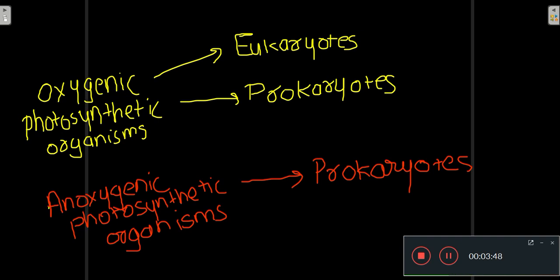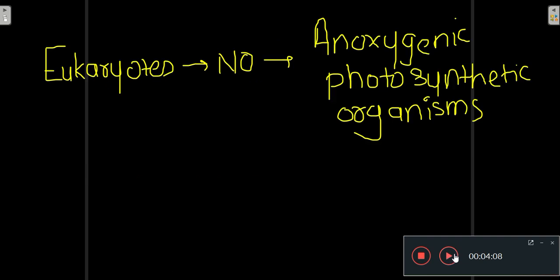Oxygenic photosynthetic organisms are included in eukaryotes as well as prokaryotes, but anoxygenic photosynthetic organisms are included only in prokaryotes. That simply implies that eukaryotes do not have anoxygenic photosynthetic organisms.